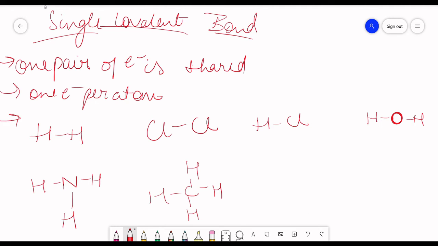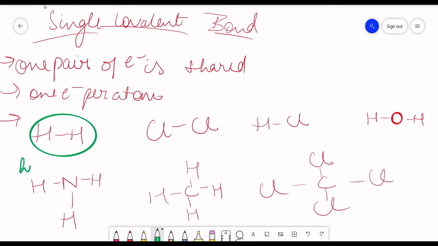First I'm telling you the examples, in carbon tetrachloride. This is hydrogen, this is chlorine. Actually, you know this, I don't think I need to explain it. Let's leave it.